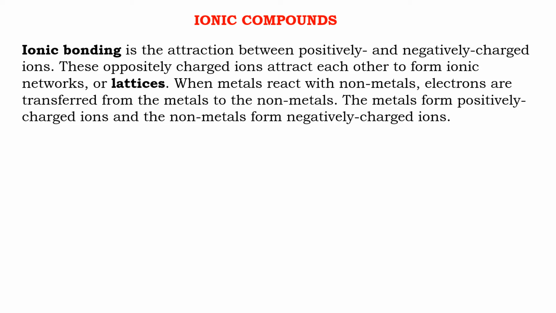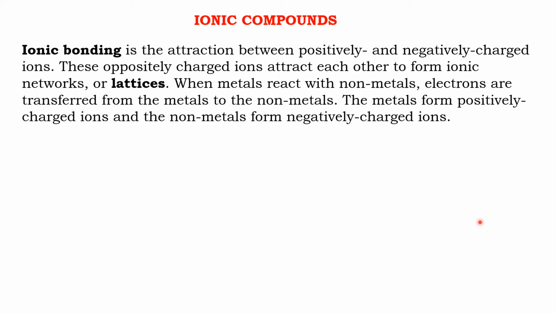Now we have to see what ionic compounds are. We know ionic compounds are compounds formed by the interaction of cations and anions. Or we could say when oppositely charged ions attract each other and are placed at certain points called lattice points, an ionic compound is formed.